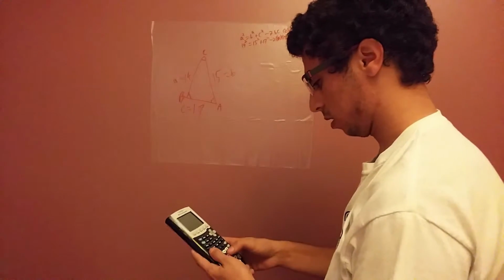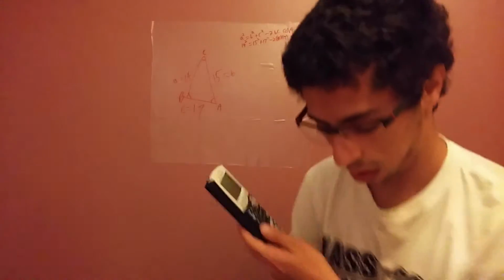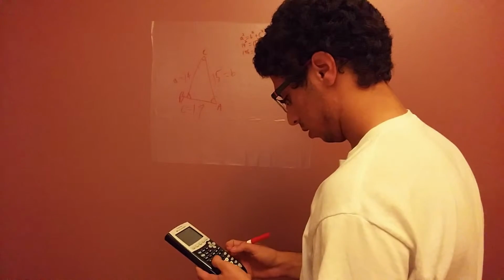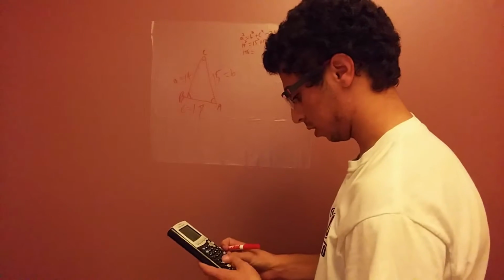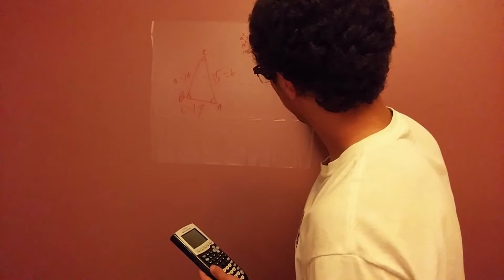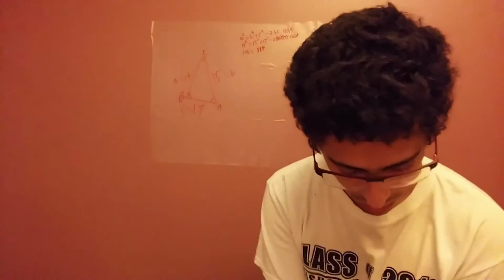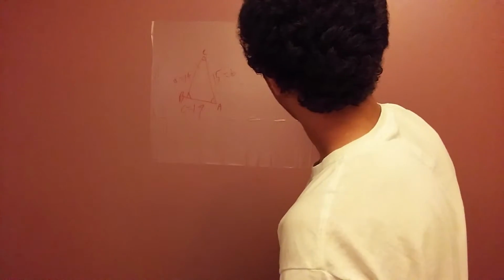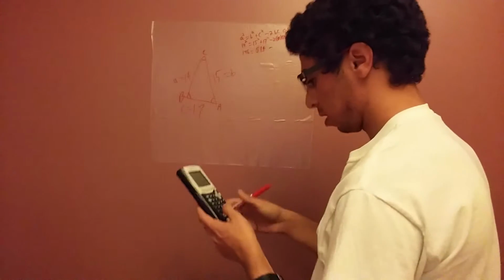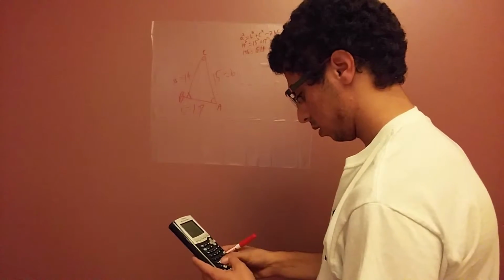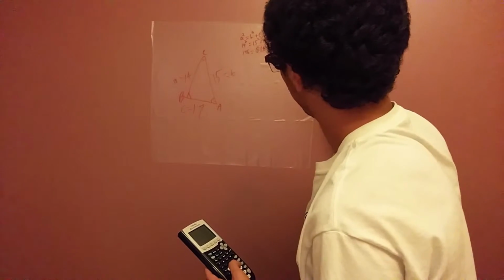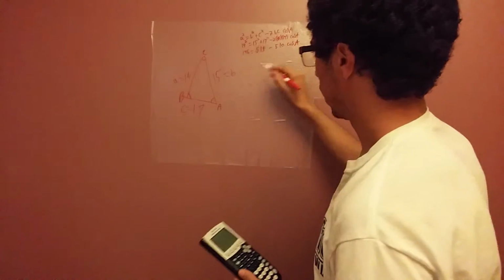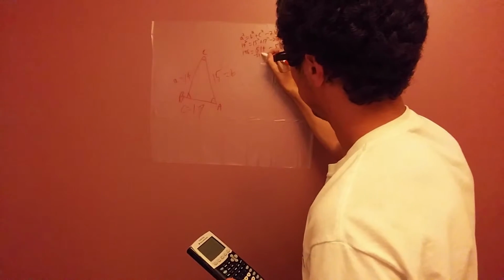So 14 squared is 196 equals 15 squared plus 17 squared, which is 514, minus 2 times 15 times 17, which is minus 510 cosine A. Then subtract 514 from each side.